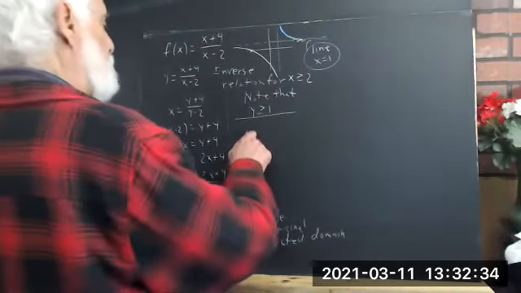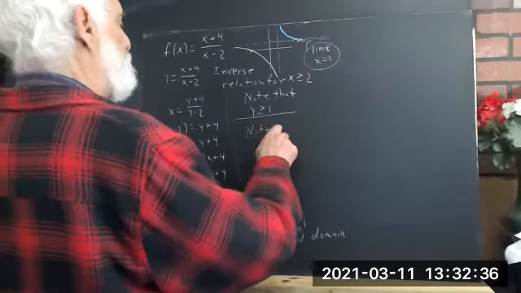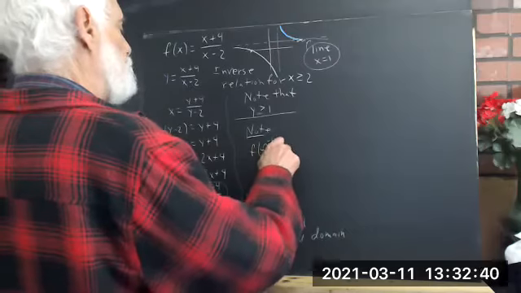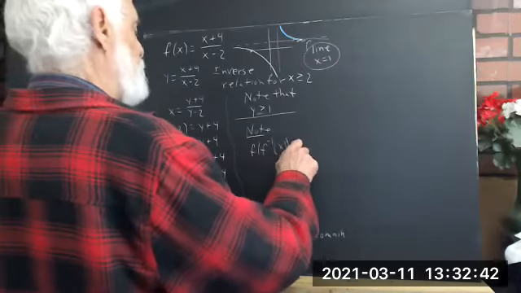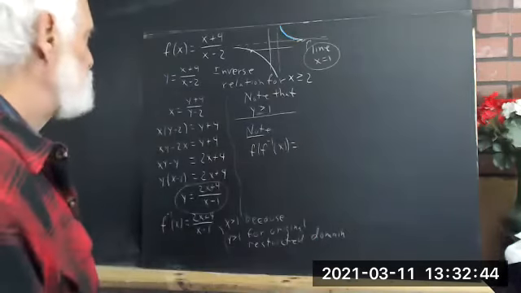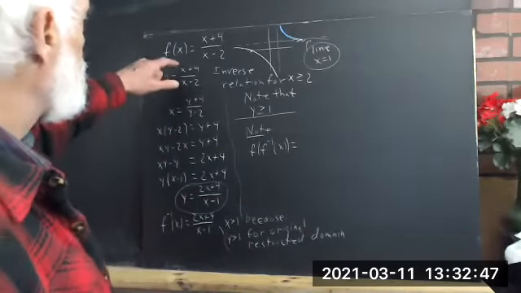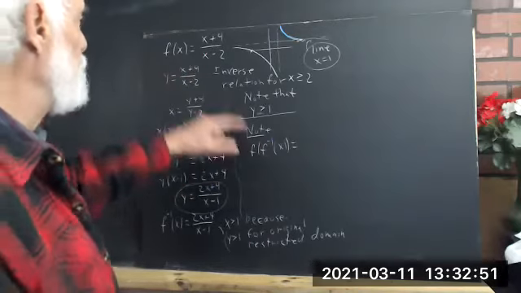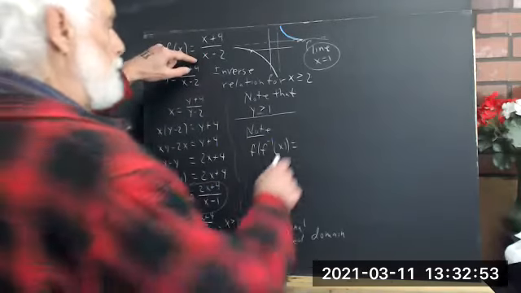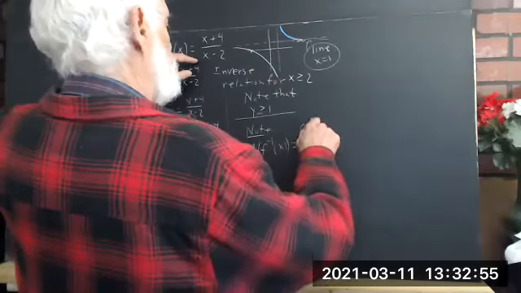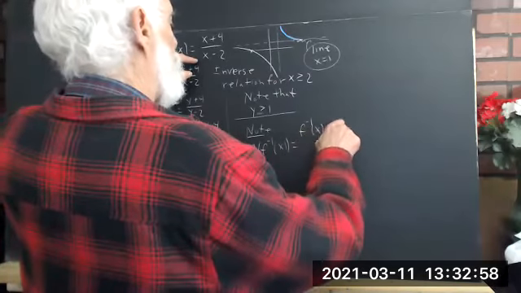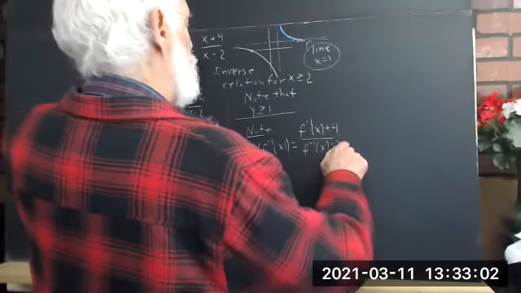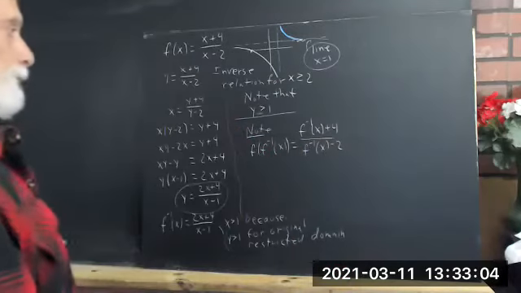We'll note f of f inverse of x equals what? Well, replace x by f inverse of x. You're going to have f inverse of x up here wherever you have x. We get this.